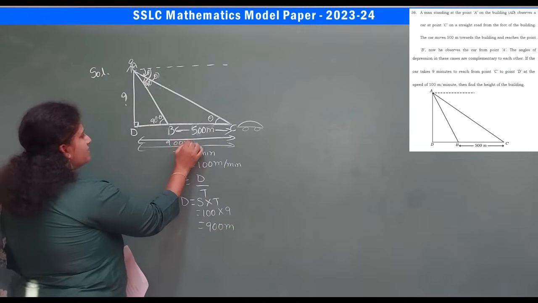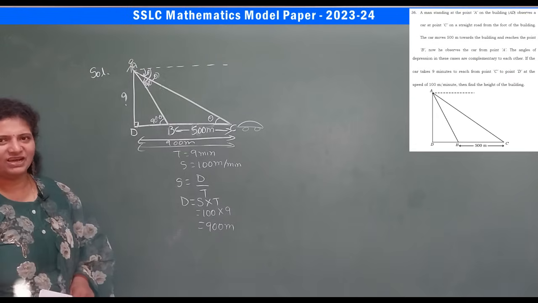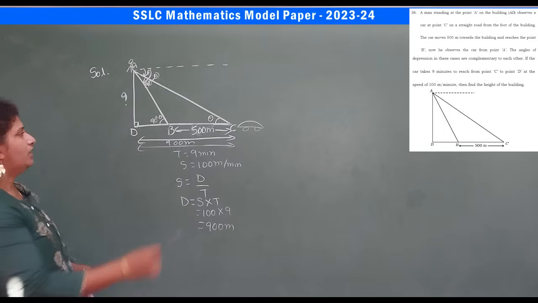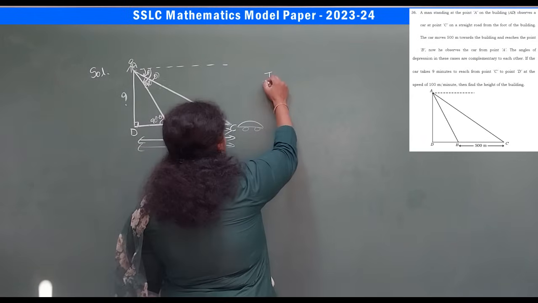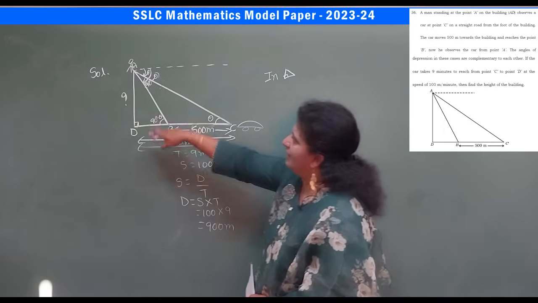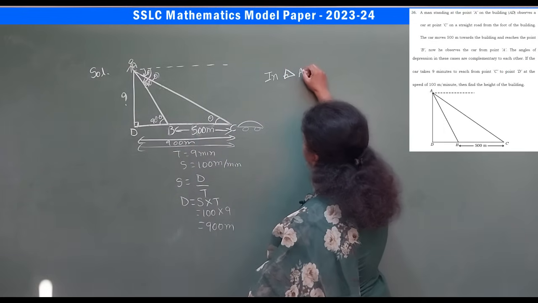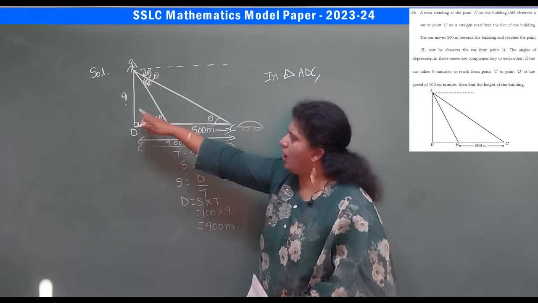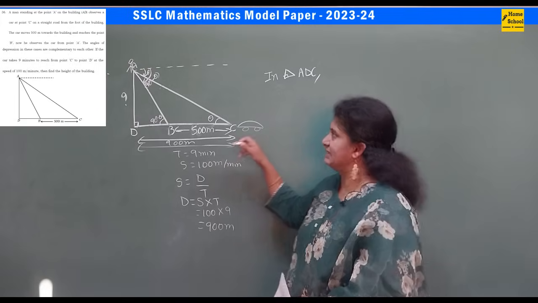Yes, now the problem is very simple. Okay, if you are able to find this distance, the problem is over. Now, in right angled triangle ADC, what ratio are we going to take? Opposite by adjacent.